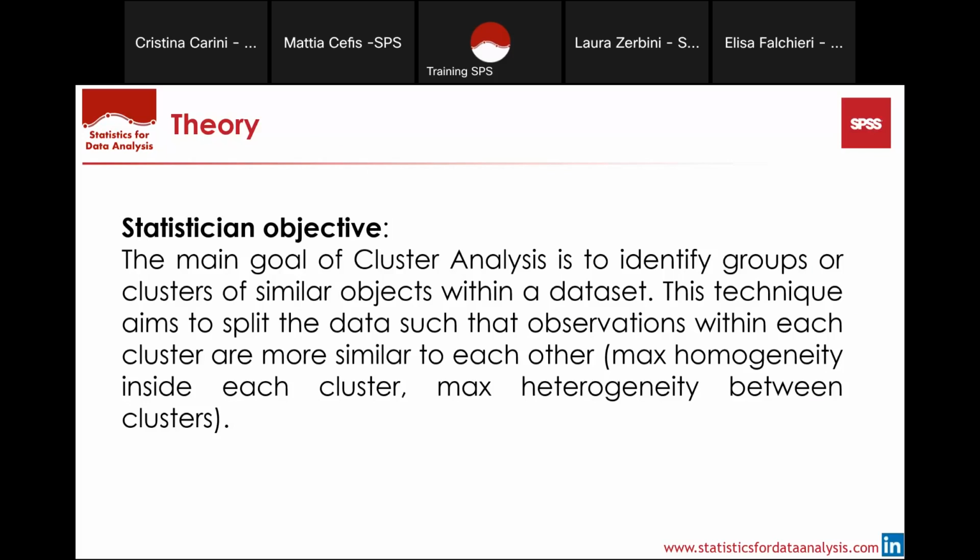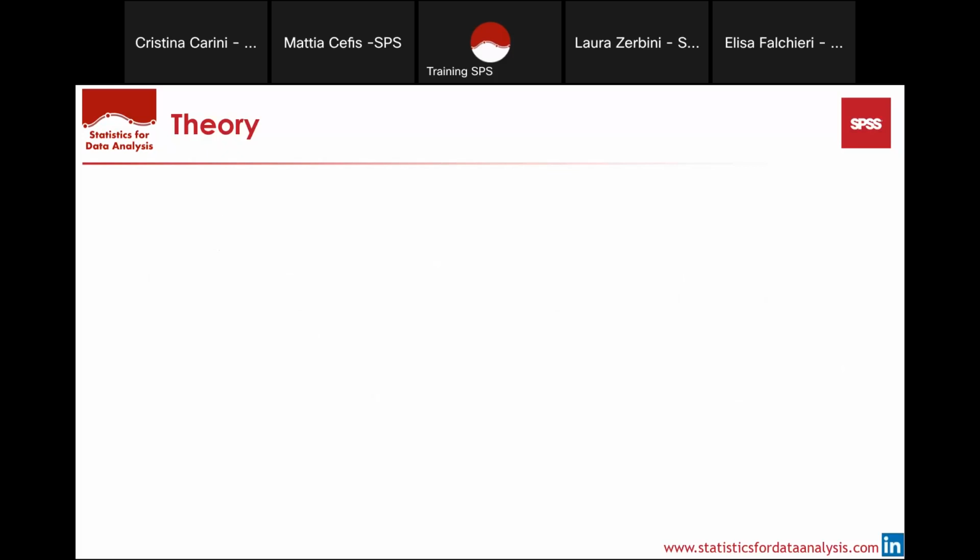And it is very interesting for making this unobserved heterogeneity emerge, because when we have a multivariate dataset, it helps us very, very well. In particular, the steps that we can follow for applying cluster analysis are the following. First of all, the classic dataset preparation.